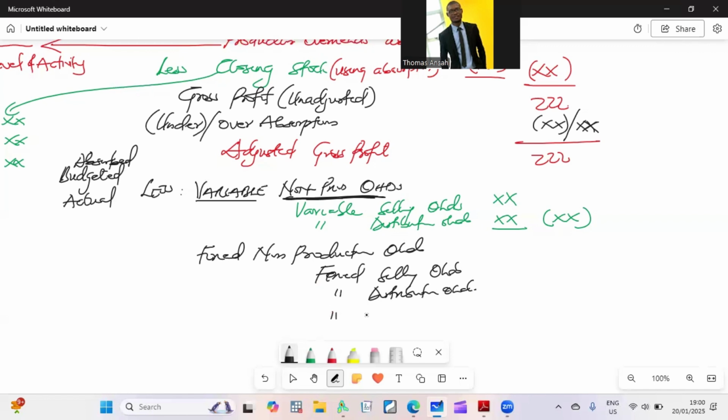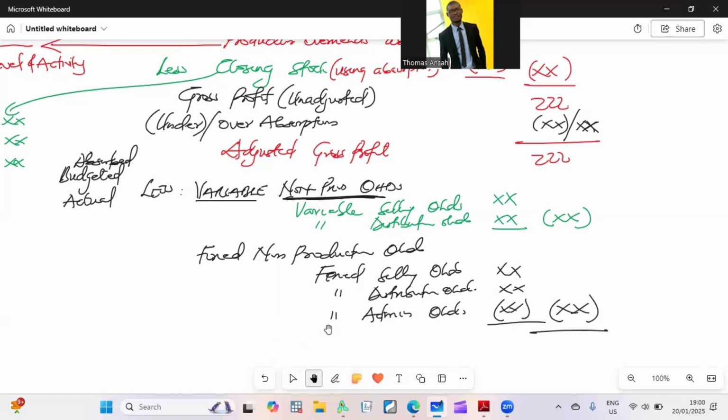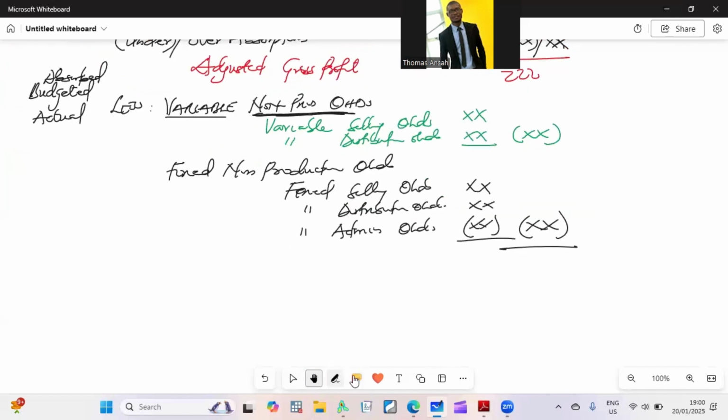So they are all fixed admin overheads. So you put all of them together and you subtract from your adjusted gross profit. Then you have your net profit. So we're going to pick an example to look at it, so that you understand.